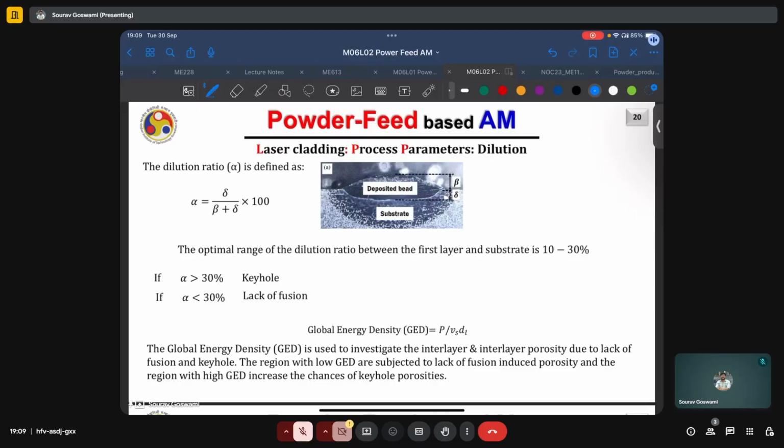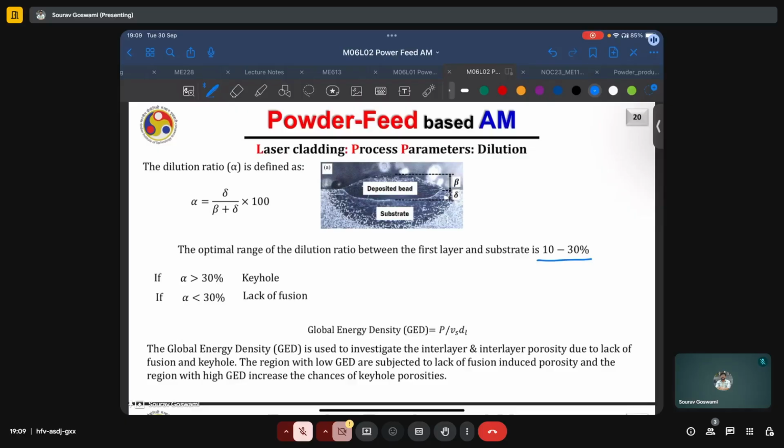The optimal value for this dilution, between the first layer and the substrate, is between 10 to 30%. If it is far larger than 30%, then the preceding mode of heat transfer can be assumed to be the keyhole mode. Whereas if it is much less than 10%, we can expect to have lack of fusion between this first bead and the substrate.